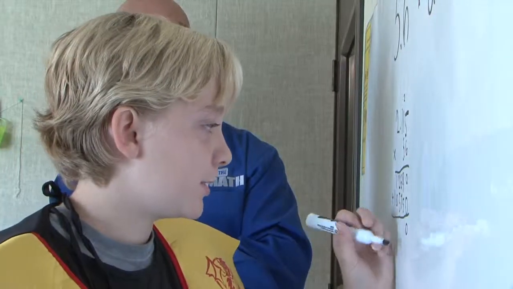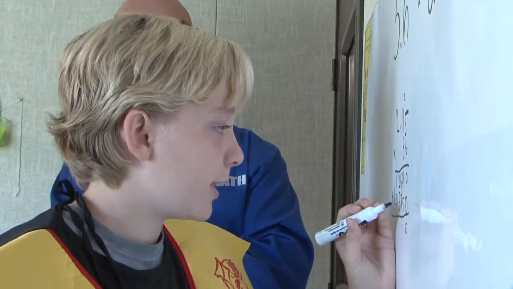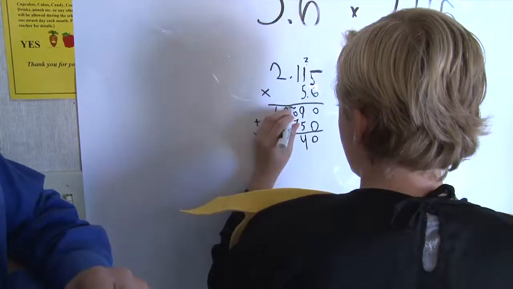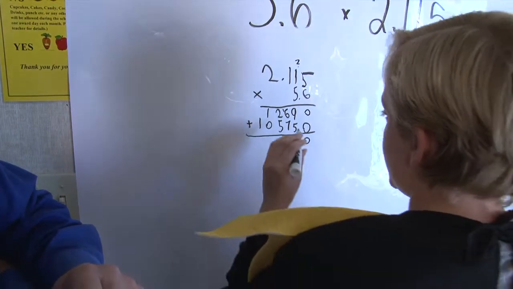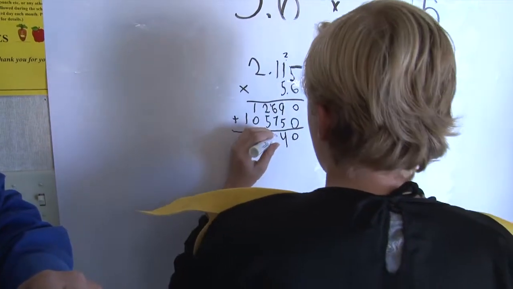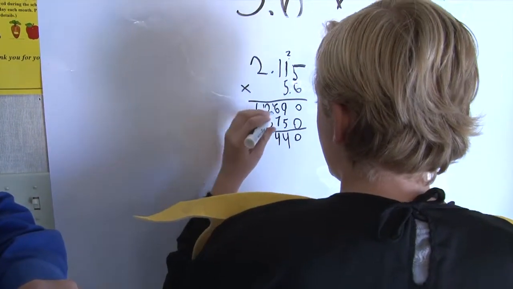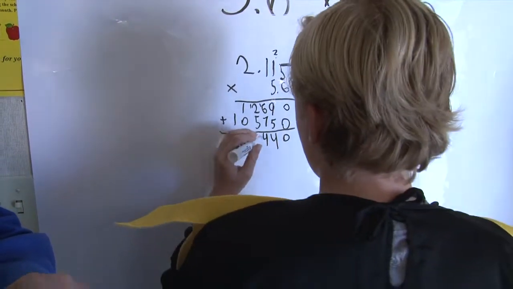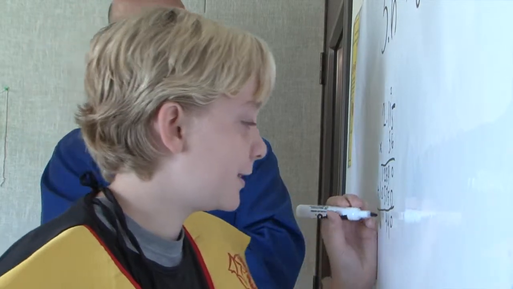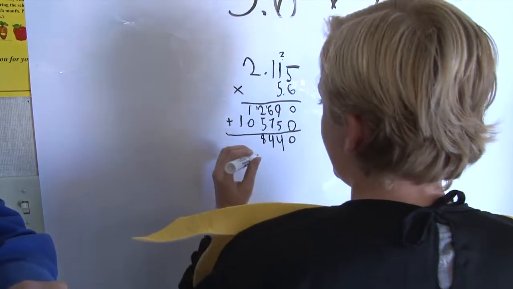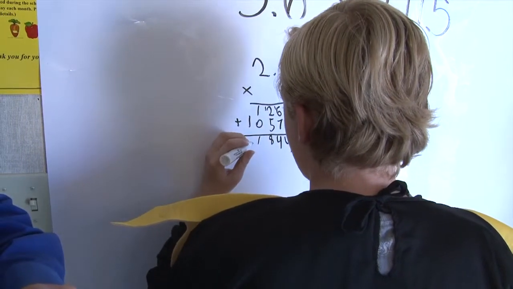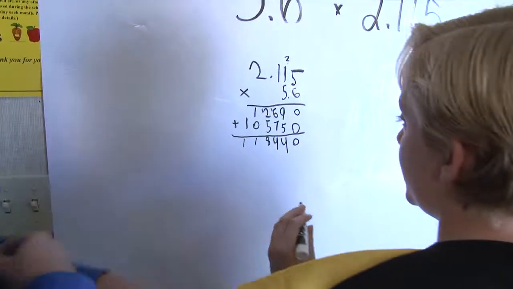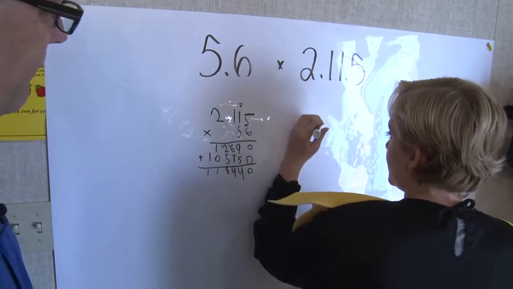So 0 plus 0 equals 0. 9 plus 5 equals 14. 6 plus 7 plus 1 equals 14. 2 plus 5 plus 1 equals 8. There you go. And then 1 plus 0 equals 1. And 1. Now let's go ahead and write that number a little larger over here.